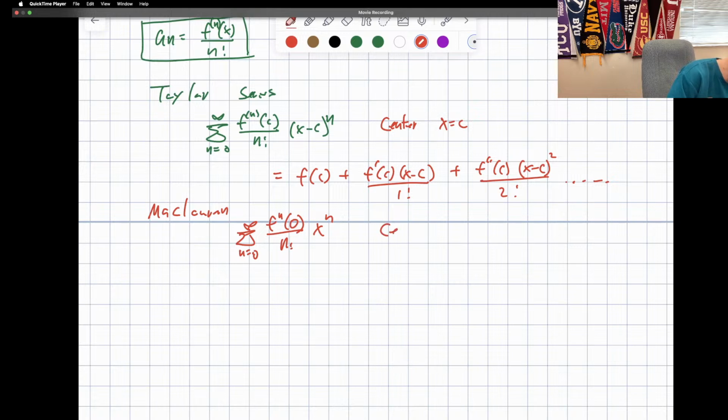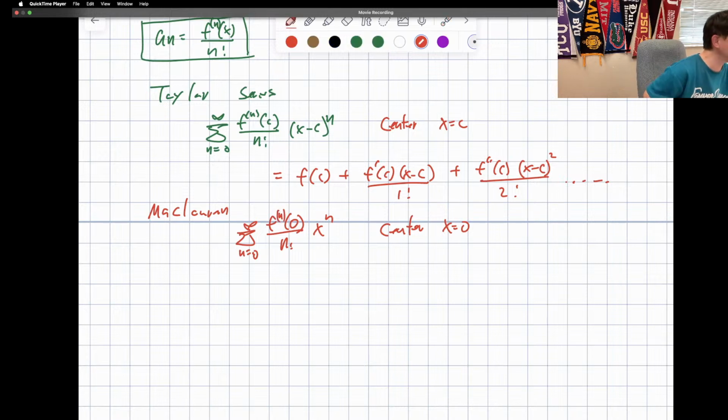Because Maclaurin is centered at x equal to 0. Usually there's a minus c, right? But c is 0. I like Maclaurin better.